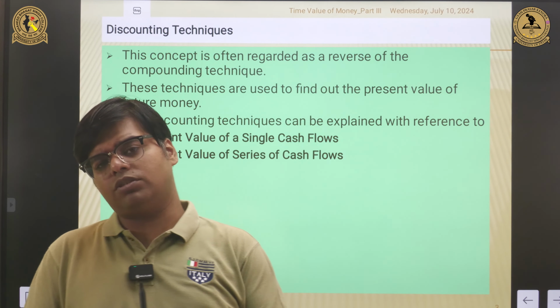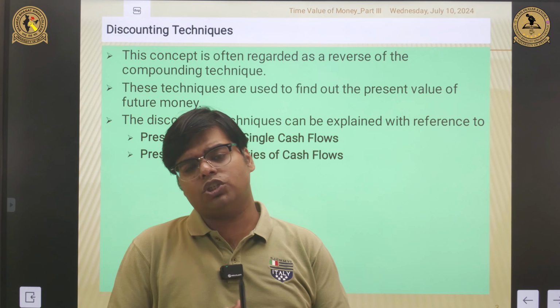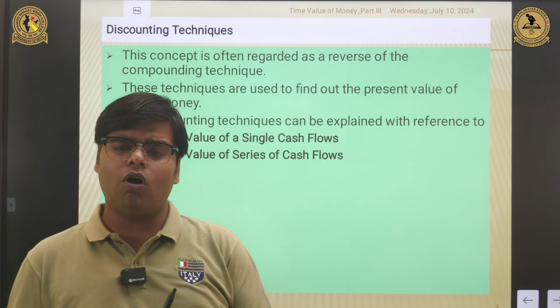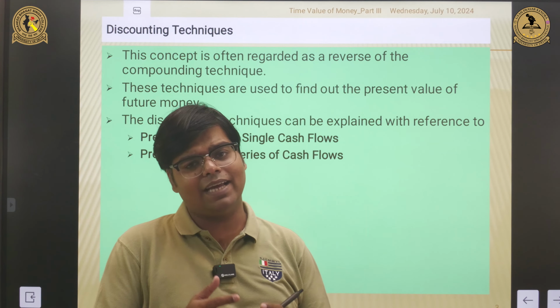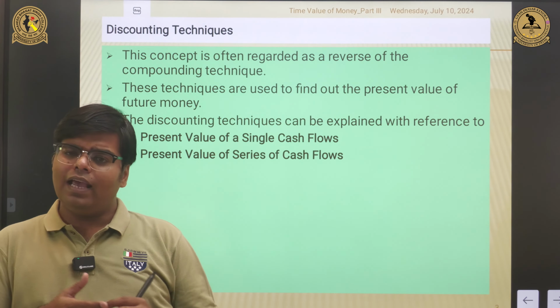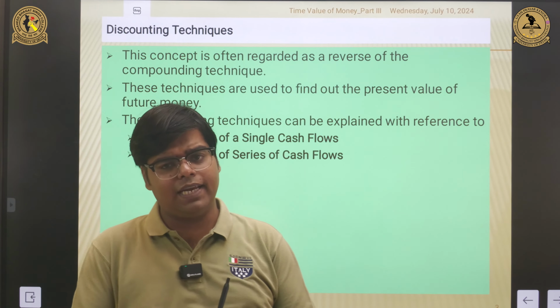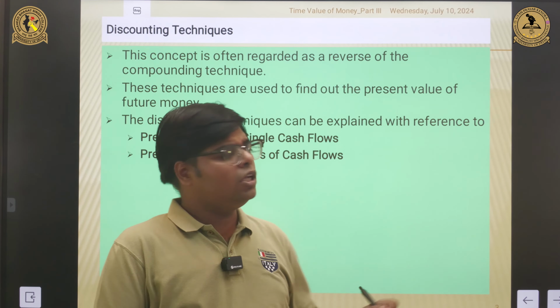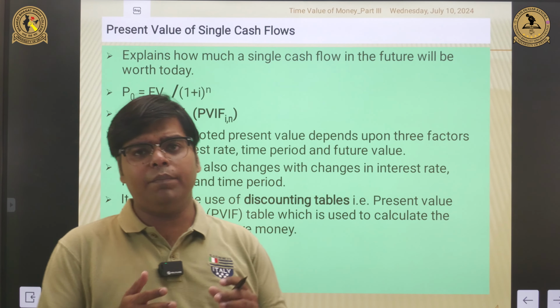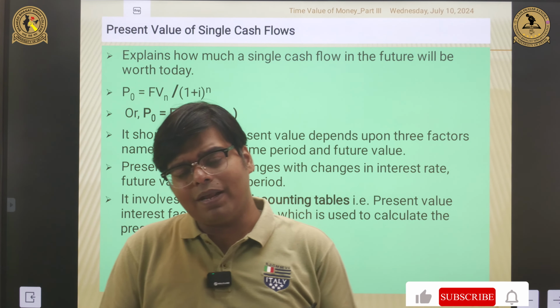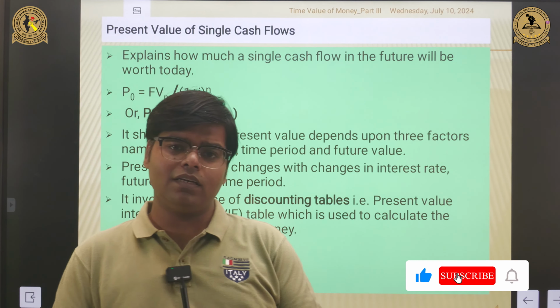Let us take a small illustration. If my goal is to accumulate an amount of rupees 10 lakh at the end of the 10th year, assuming the discount rate as 8% per annum, now in this situation, I am interested to know the present value of rupees 10 lakh.